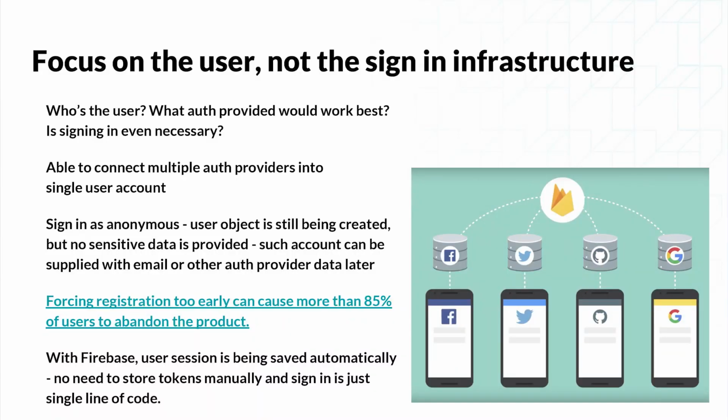It's one of the most basic and common use cases, user authentication. So instead of developing a backend, maybe some token-based authentication like JWT or anything, and struggling with integrating our backend with Google or Facebook authentication and connecting that backend to the client, why not take one step back and think about who the user is, how the user would like to be authenticated, or is signing in even necessary?